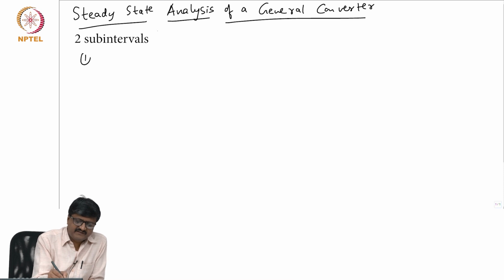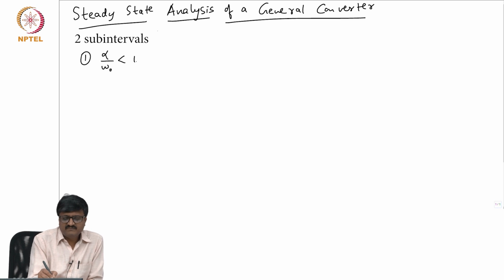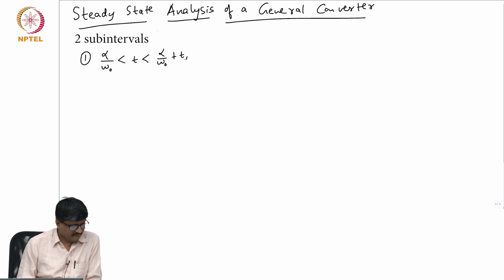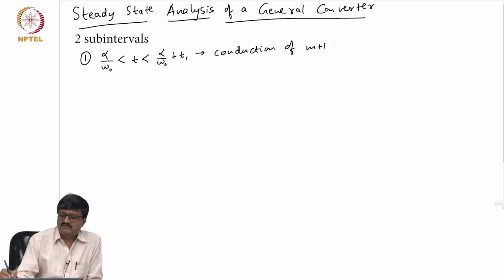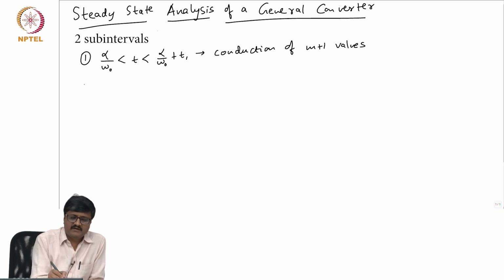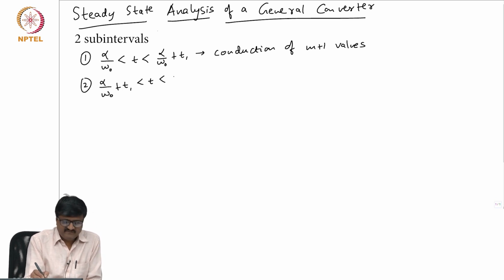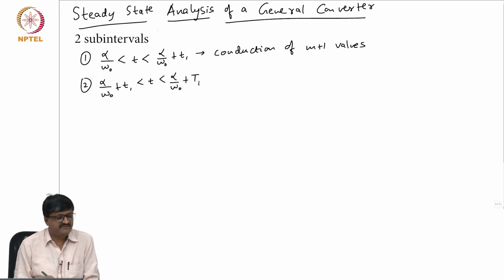The first subinterval is from alpha by omega O to alpha by omega O plus T1. So this corresponds to conduction of M plus 1 valves. And the second subinterval starts from alpha by omega O plus T1, and it goes up to alpha by omega O plus uppercase T with a subscript 1.